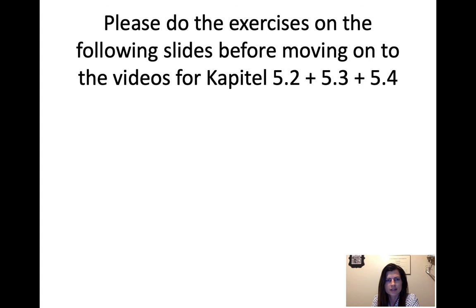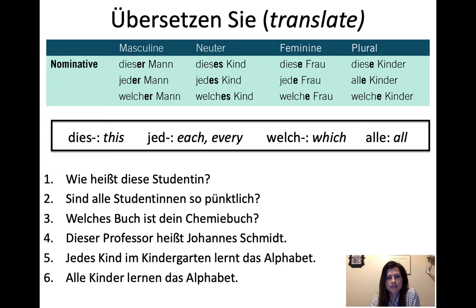Okay. So now we have the exercises for you to do before you go to the next unit. So I have these written here. These are all in the nominative, so it's just a little chart, and these are like the stems, and they'll have their endings on them. So übersetzen Sie, translate these, and then there's different ones.